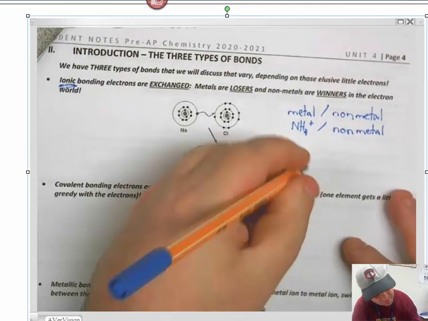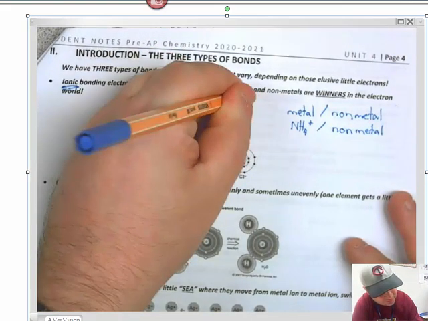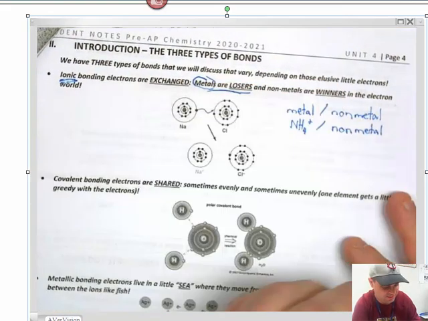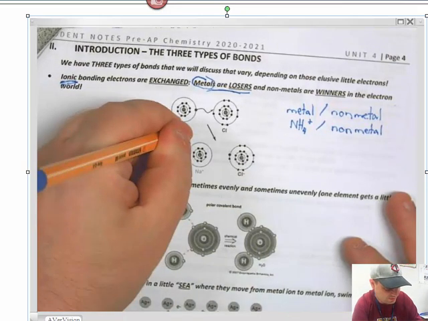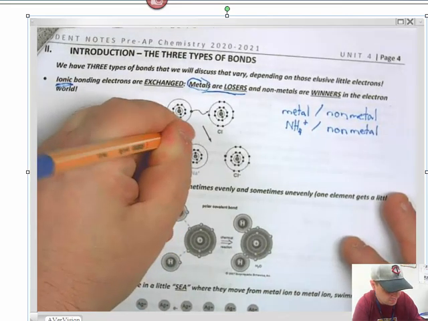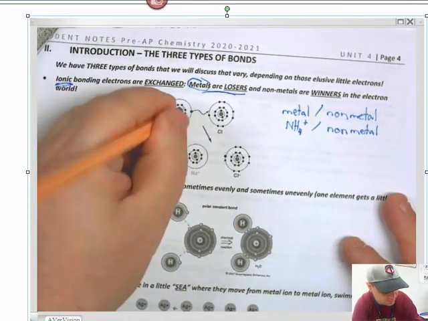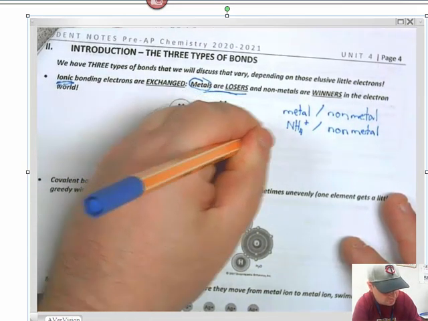So what happens here is the metals are losers. They lose their electrons to the nonmetal here. And nonmetals are the winners of the electrons. So the sodium loses one electron, and the chlorine gains one electron.